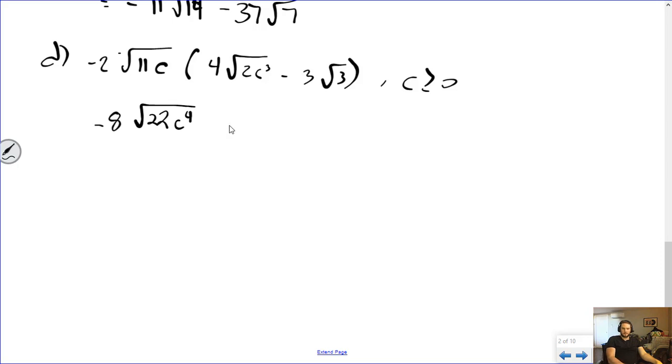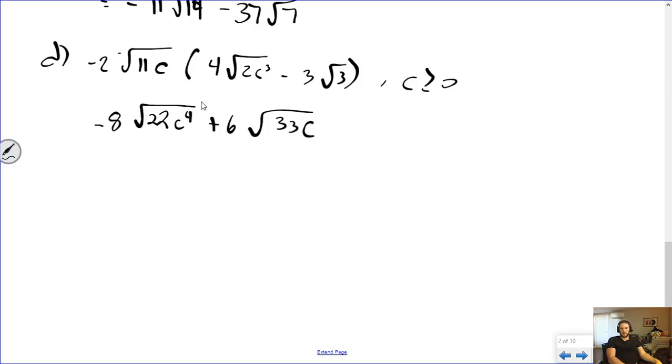22c to the 4. Now we're going to take this and multiply it in here as well. So negative 2 times negative 3 is positive 6. And then 11c multiplied by 3 is the square root of 33c. So again, this question says make sure that you are simplifying wherever possible. And what we can do here is we can take the square root of c to the fourth.